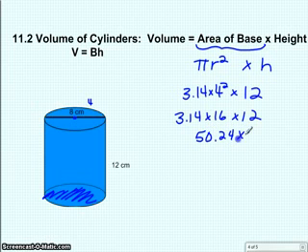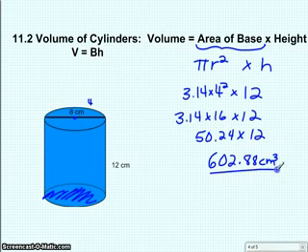I'm going to multiply that by 12, and when I multiply it, I should come up with 602.88, and remember, again, centimeters cubed is my volume for the cylinder. So there you have the formulas for different shapes of prisms and cylinders, and it's really all from the same formula. So that is the volume of prisms and cylinders.